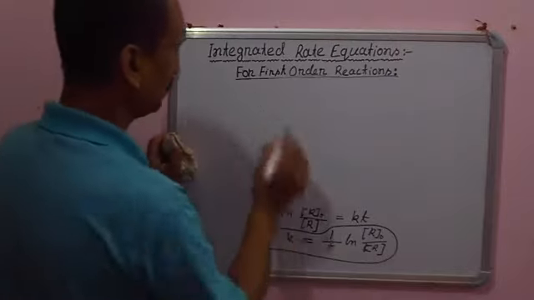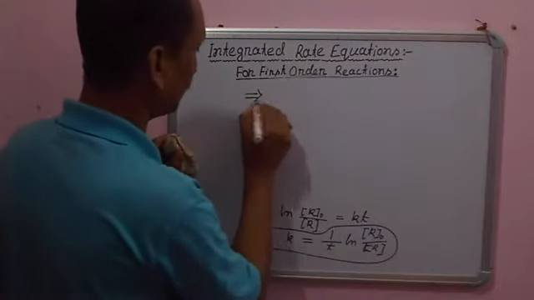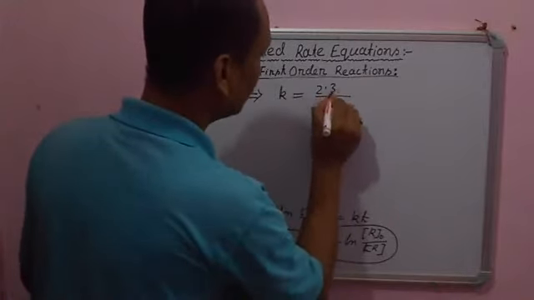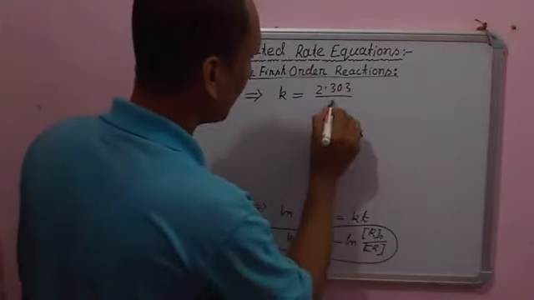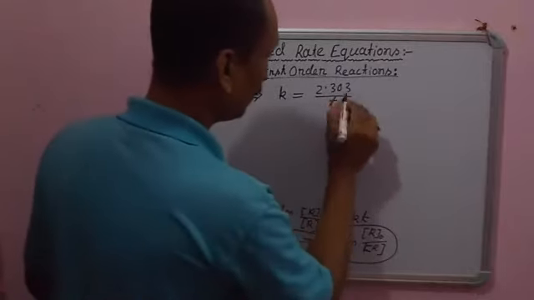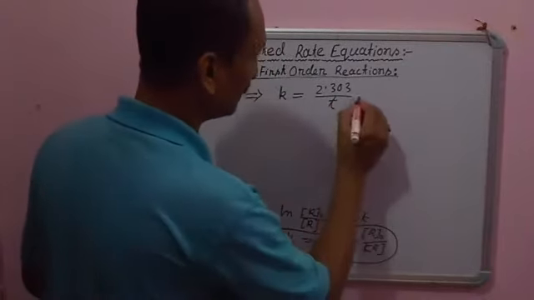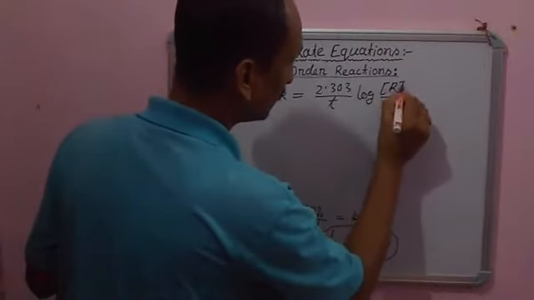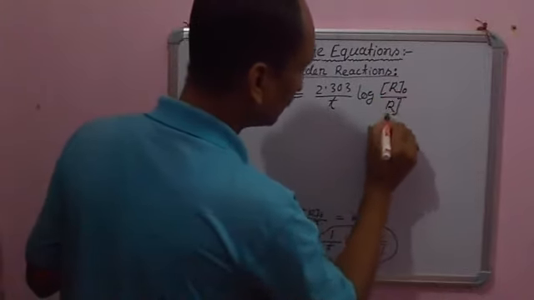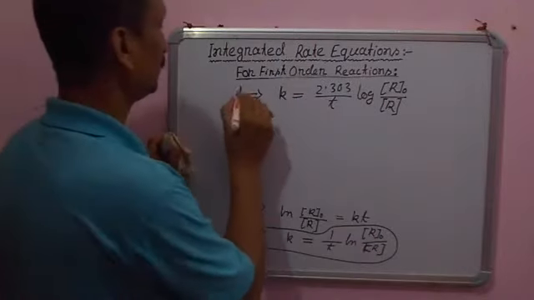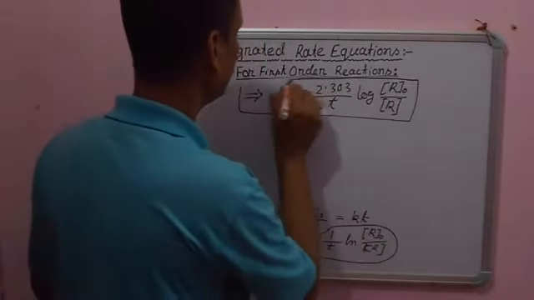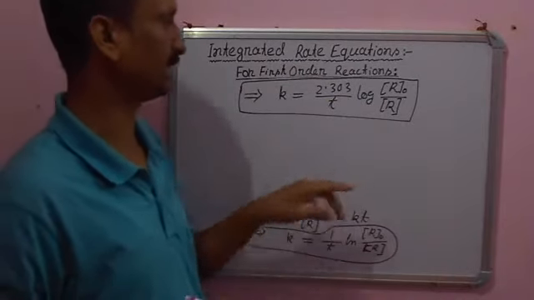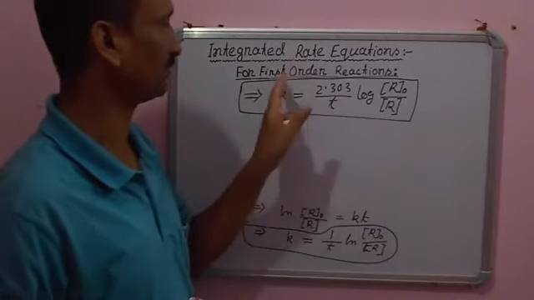That means this will become k equal to 2.303 by t log of R naught by R. So this equation you have to remember. This will be needed to do the numericals. So this is the integrated rate equation for the first order reaction.